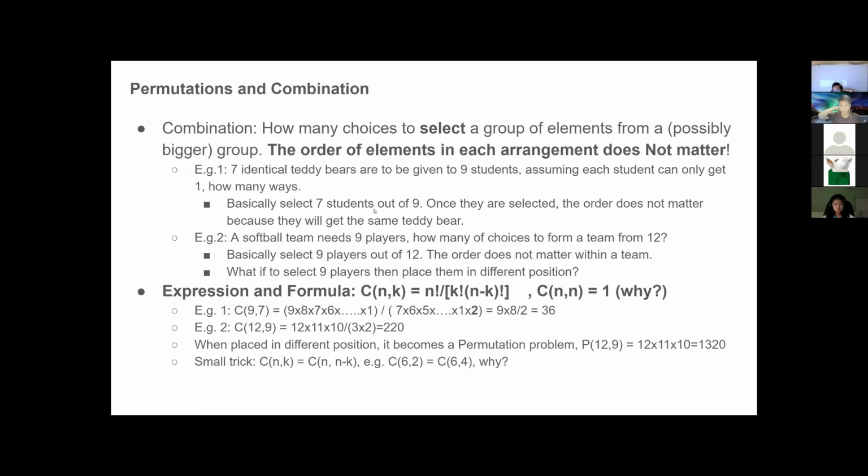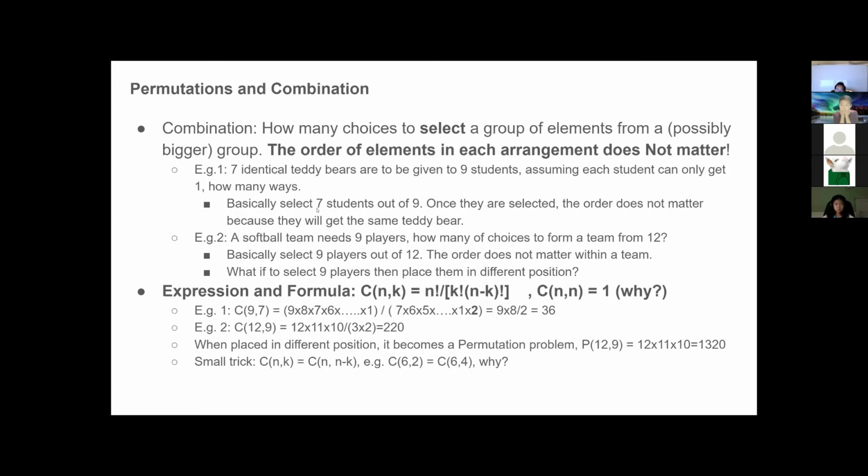And for combination, everything is the same except the order of elements in each arrangement does not matter. The example would be 7 identical teddy bears to be given to 9 students. Assuming each student can only get 1 teddy bear, how many ways are there, right? This is a problem of selecting 7 students out of 9 that can be given a teddy bear.